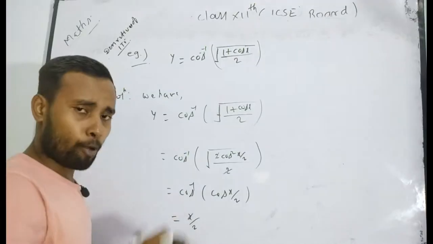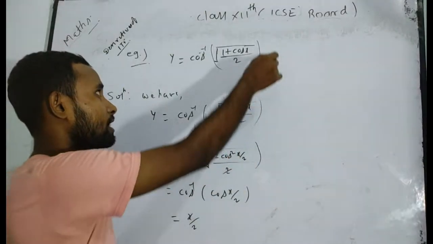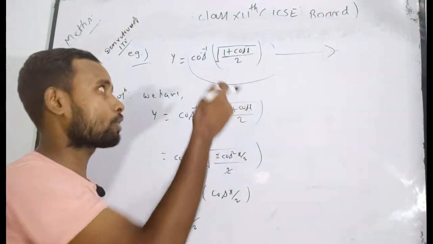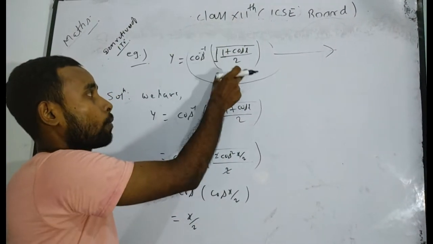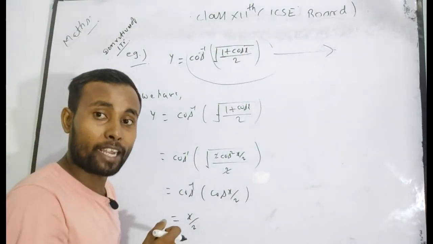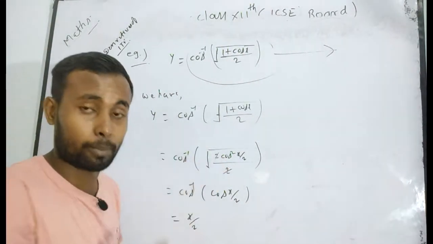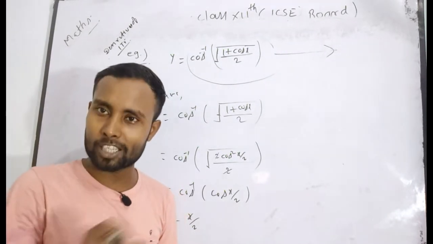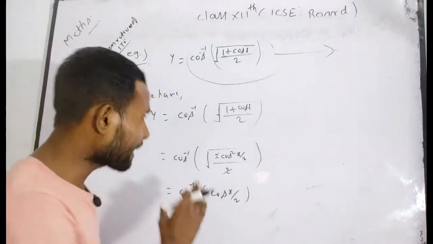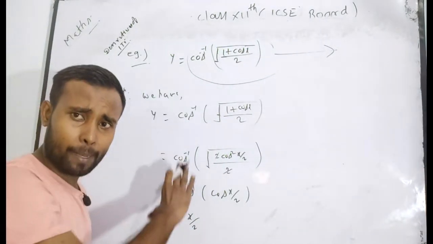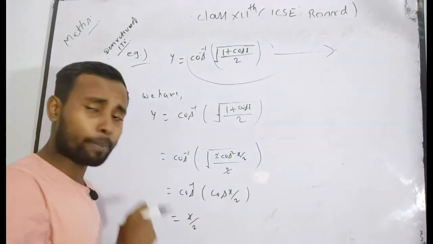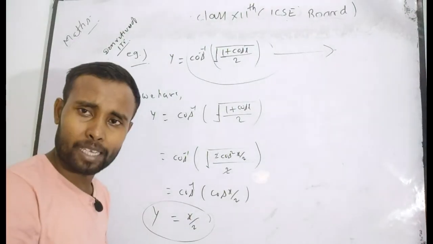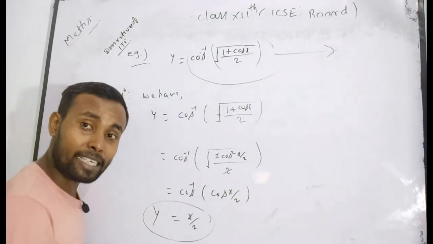Now if you see this problem, when you differentiate this function directly, it becomes very lengthy. First you have to differentiate cos inverse with respect to root under (1 plus cos x) by 2, again root under (1 plus cos x) by 2 with respect to (1 plus cos x) by 2, and again (1 plus cos x) by 2 with respect to x. But after simplification of this function, finally you get y is equal to x by 2, and you have to differentiate this function.